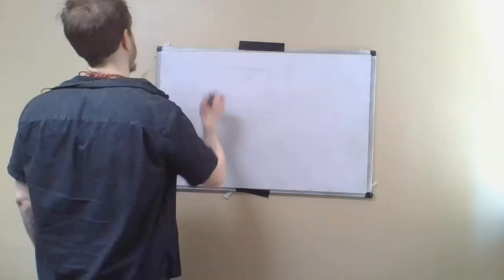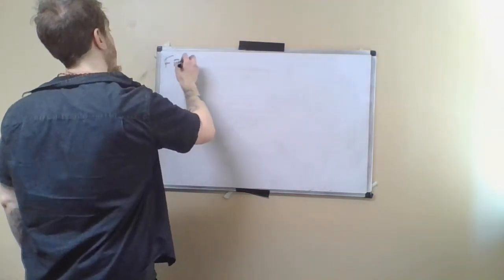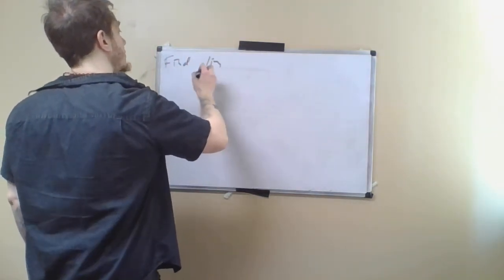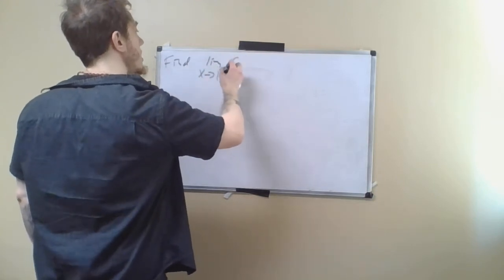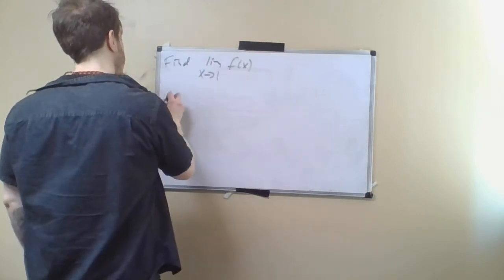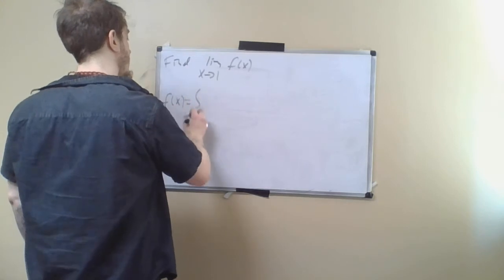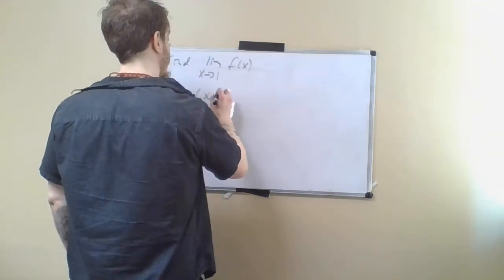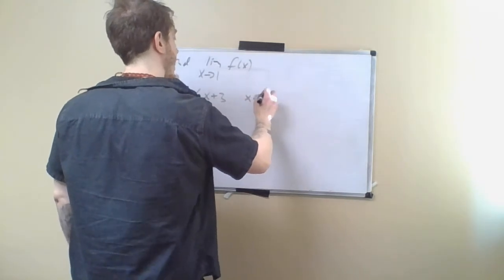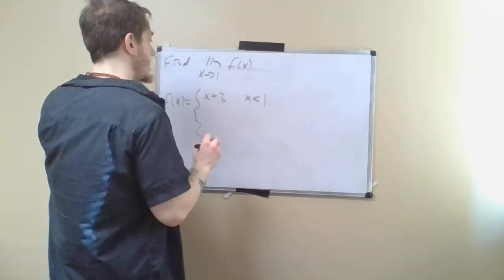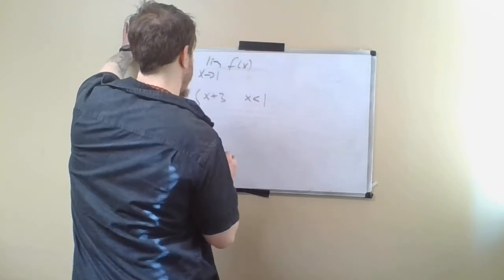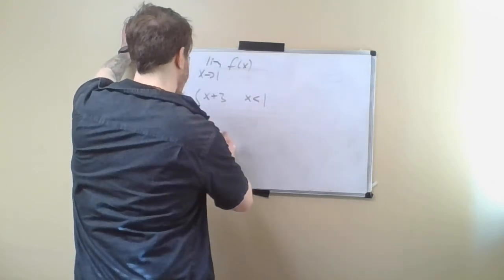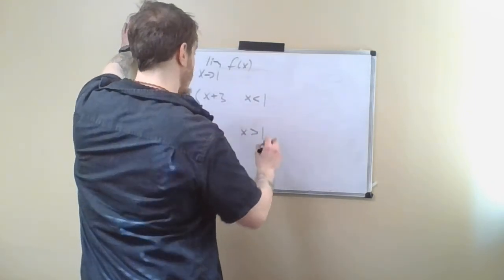So for example, let's suppose that we want to find, if it exists, the limit as x approaches 1 of f of x, given that f of x is equal to x plus 3 when x is smaller than 1, and equal to 4x when x is bigger than 1.